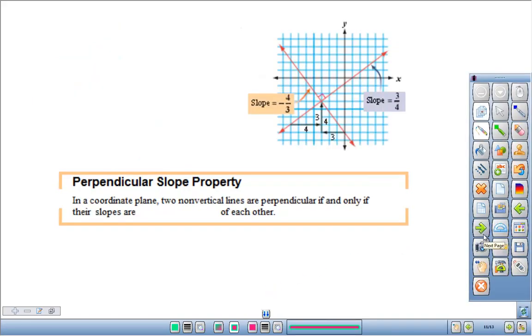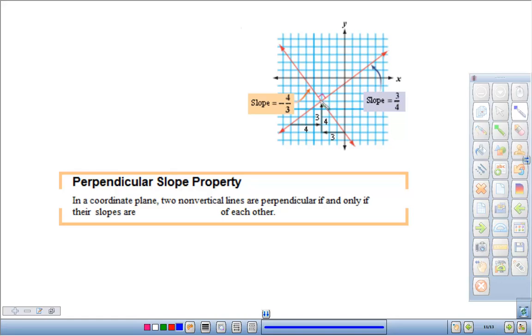Perpendicular lines: we're going to look at two perpendicular lines on a coordinate plane and see how their slopes compare. This slope obviously is negative because when we look at it from left to right it's going down. So we know it's a negative slope and we're picking two points to count rise over run. From this point to this point, it's got a run of 3 and a rise of 4.